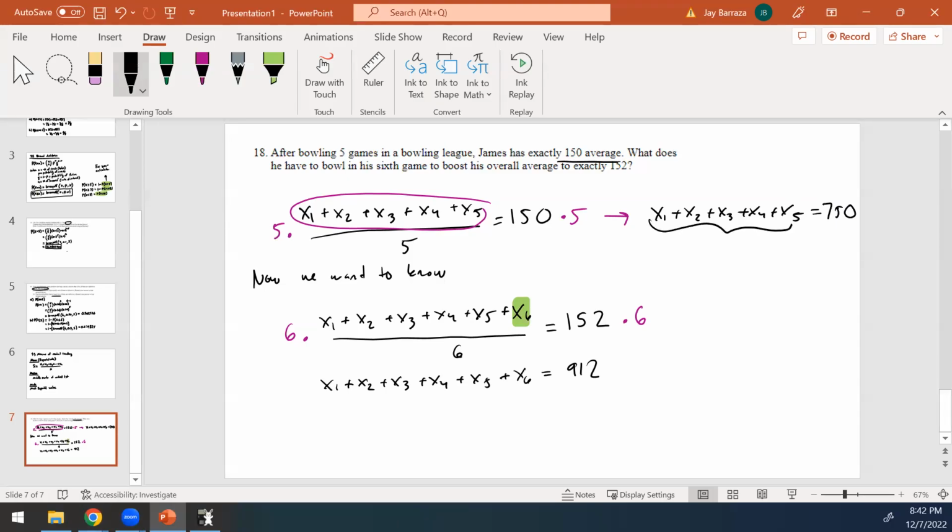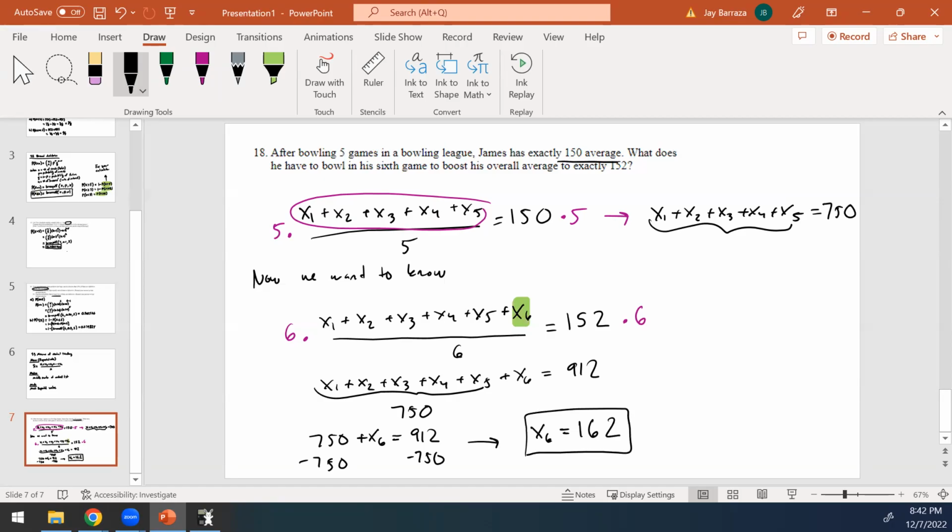Do you see how this whole thing equals 750? So I can say 750 plus x6 equals 912. Now I just subtract 750 from both sides, and this tells me that x6 equals 162.